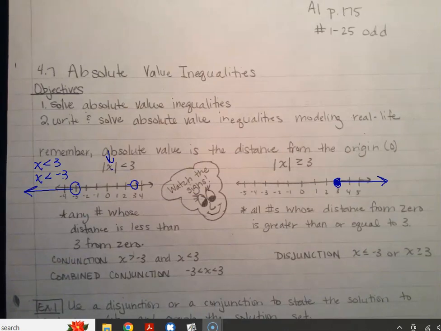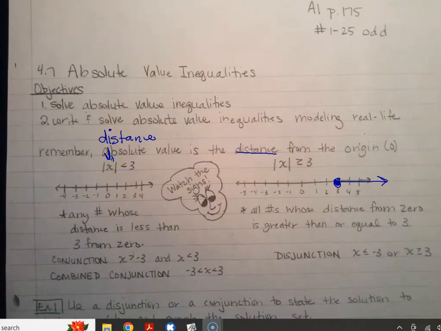Let's break this down. So absolute value is a distance. Right? Absolute value is a distance. That's why we kind of reviewed this definition. It's the distance from the origin. The distance has to be less than 3.